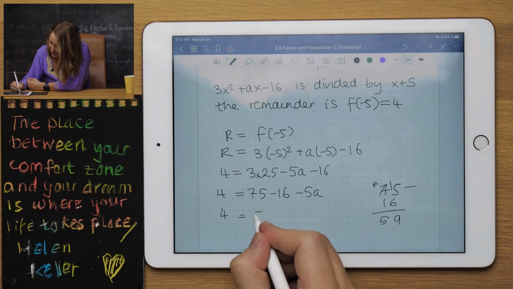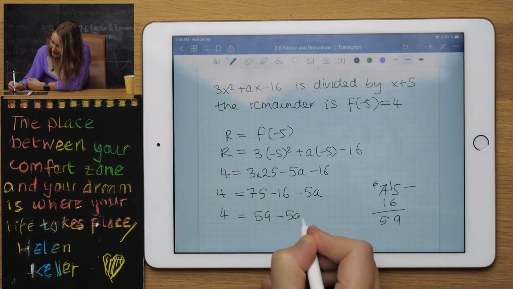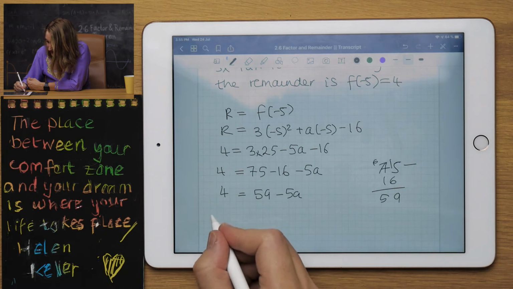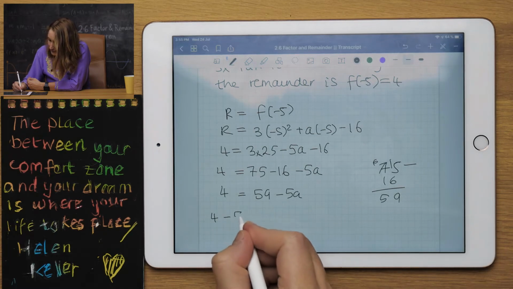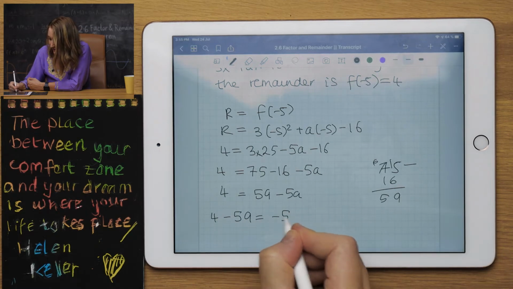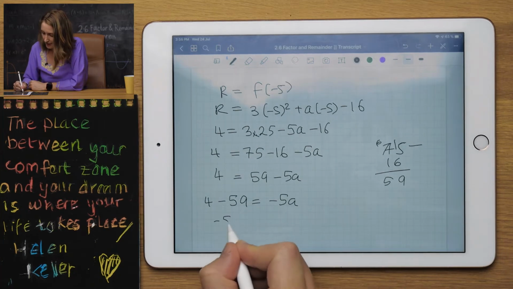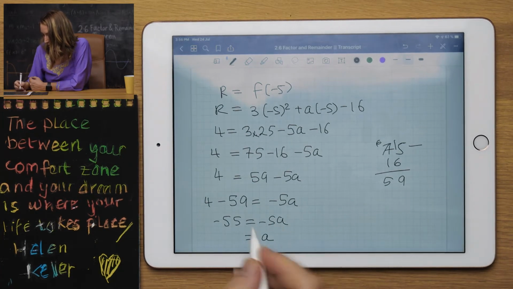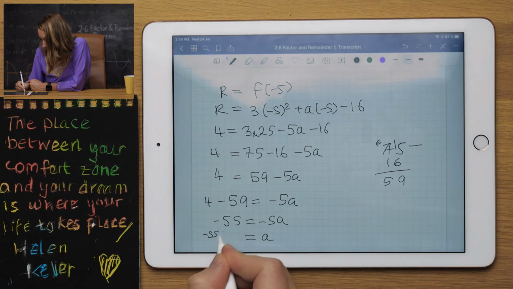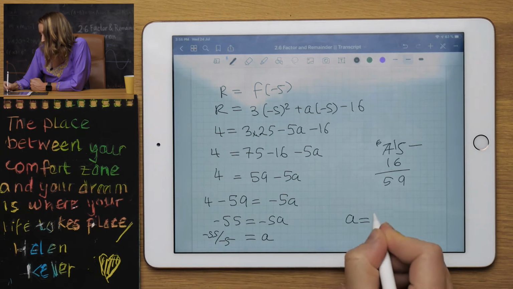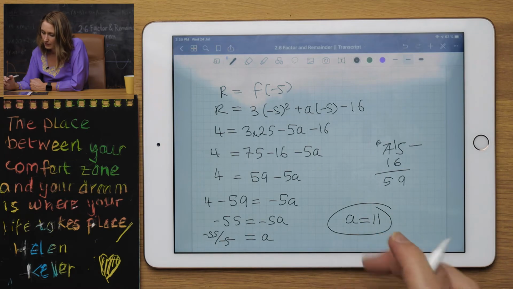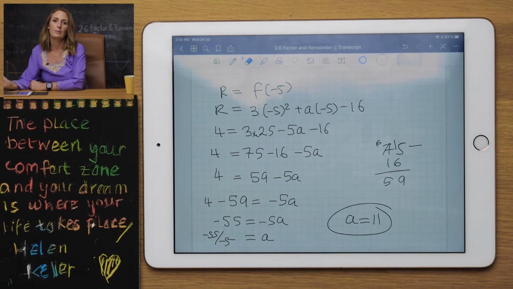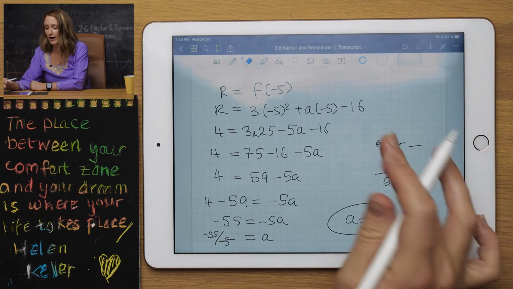So that's 59 minus 5a. Bring the 59 to the other side. 4 minus 59 equals minus 5a. Here we have minus 55 equals minus 5a. We divide by minus 5, which is minus 55 divided by minus 5. A is 11. Now, we're going to put that back in and check that we get the right answer.